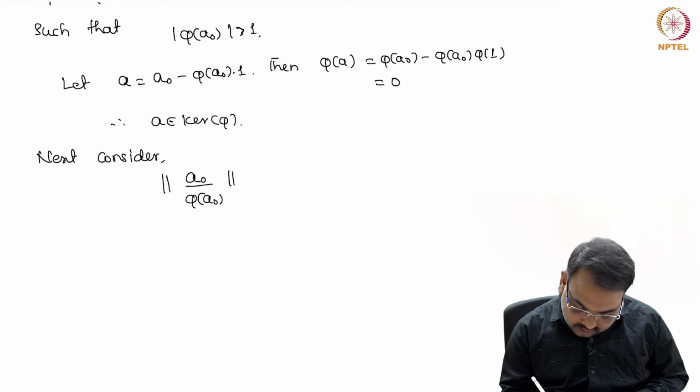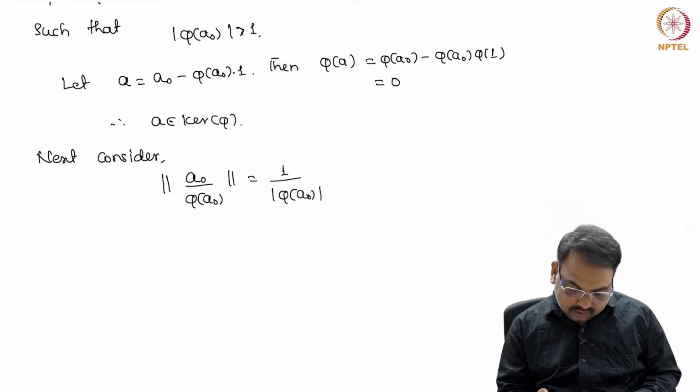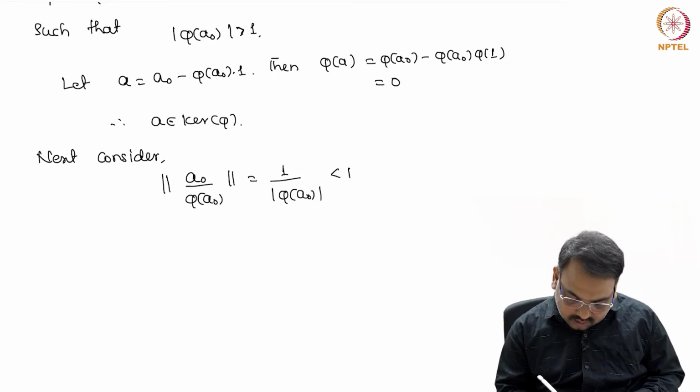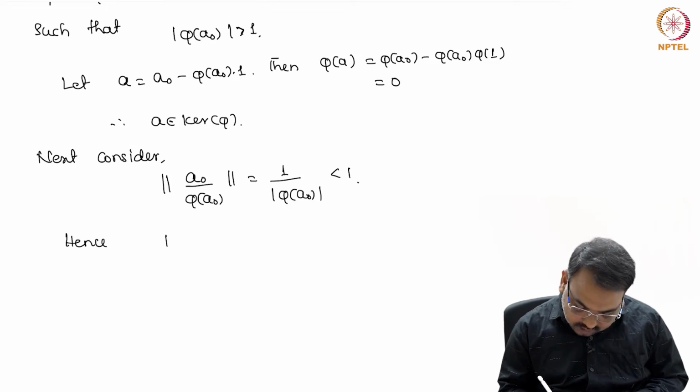The norm of this is 1 by mod phi of a naught. We know that mod phi of a naught is bigger than 1, so 1 by that is strictly less than 1.